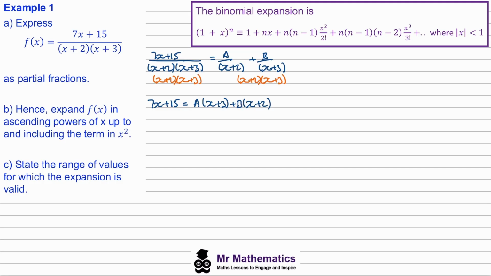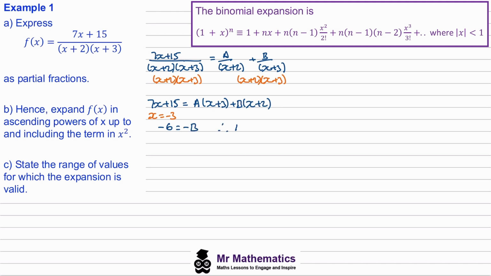And now we need to eliminate each of the constants a and b. So if we begin by letting x equal -3, then this term will go, and we can work out b. So if x is -3, we'll get -21 plus 15. This a term will go, and we'll get -3 plus 2. And this will give us negative b.